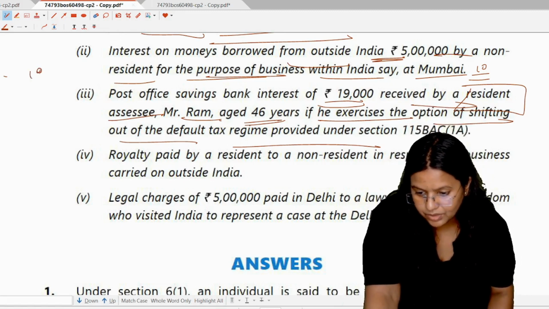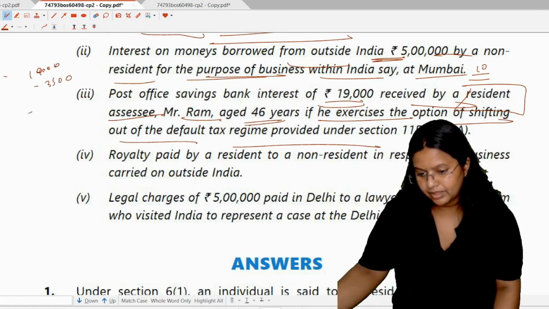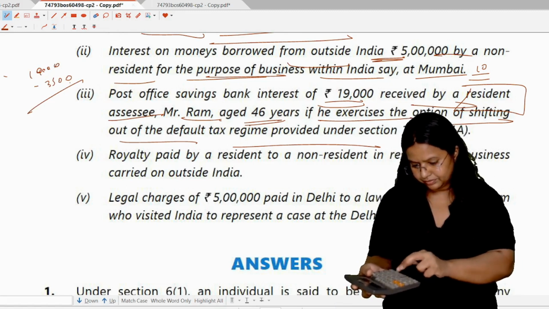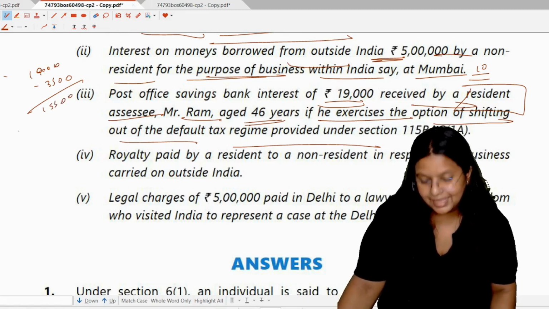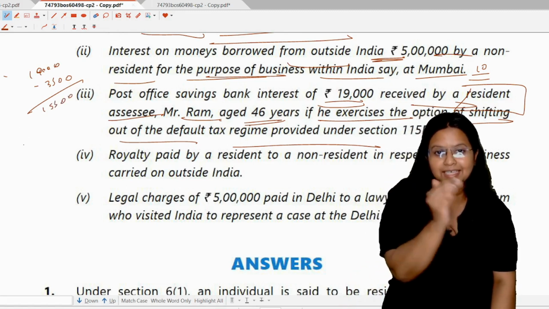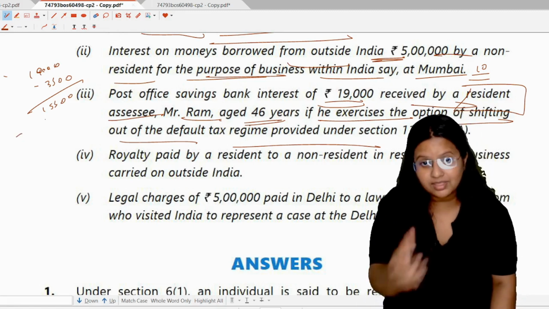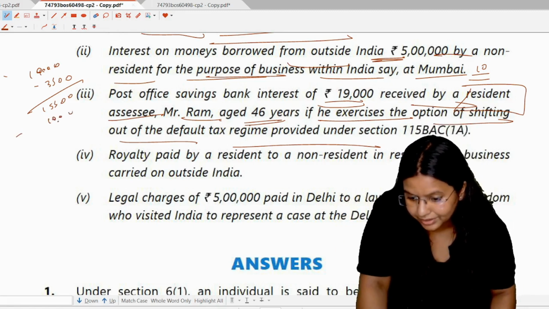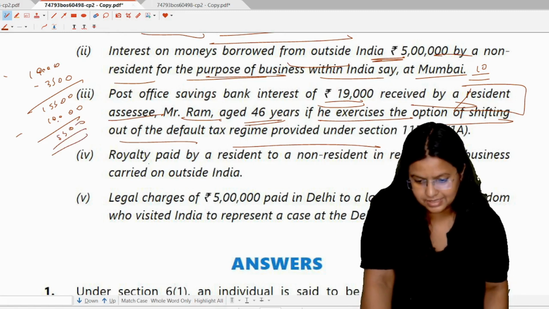So 19,000 minus 3,500 as per section 10 is 15,500. Then, students, as per section 80TTA, that is deductions under chapter 6A, he will get a deduction because he is earning interest from a savings bank account. So he will get a deduction of 10,000. So only 5,500 will be taxable in this case.